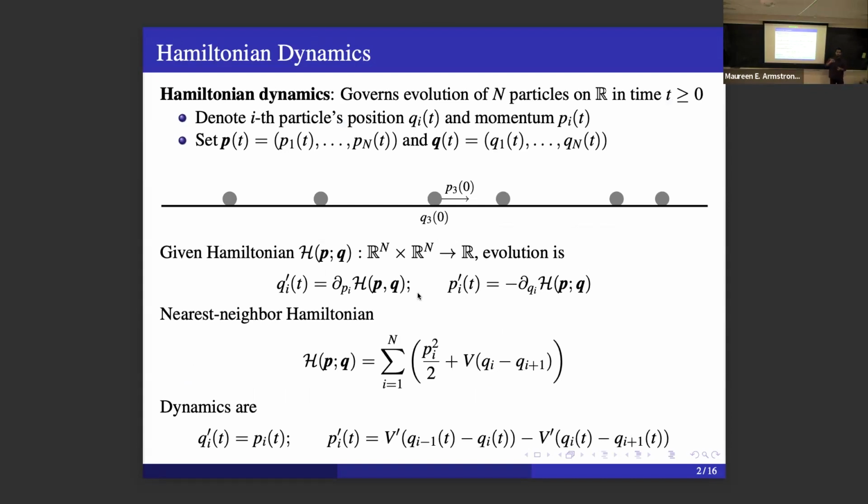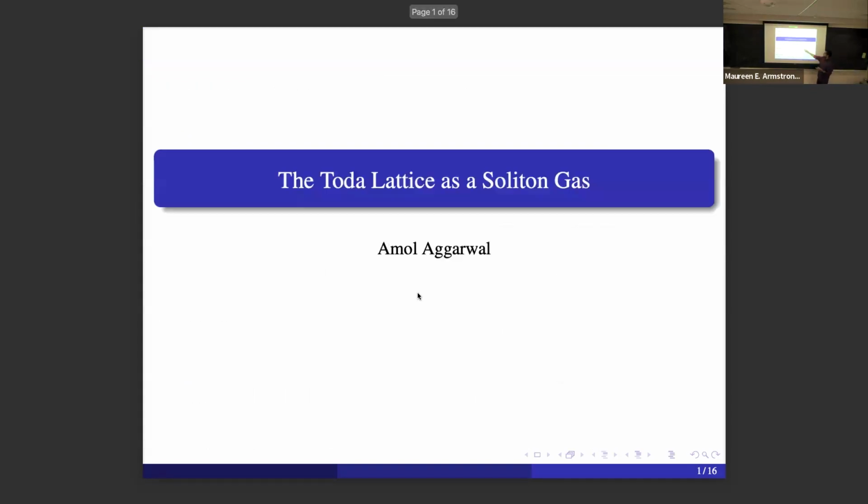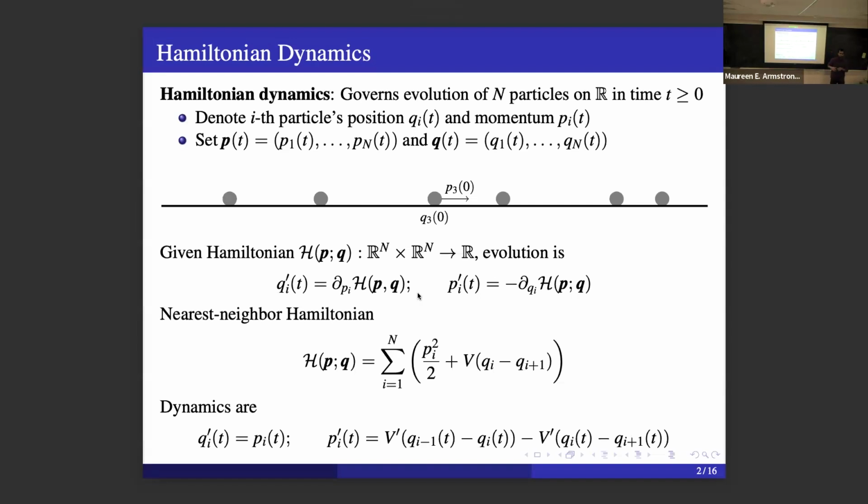The asymmetry of the potential is suppressed by this limit that you're taking. You can just negate everything in sight, and it will have a symmetry like that, because you have a q_i minus q_{i+1}, but you also have a q_i minus q_{i-1}. If you negate everything, it will be symmetric.